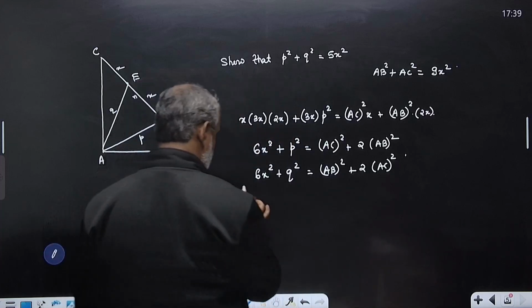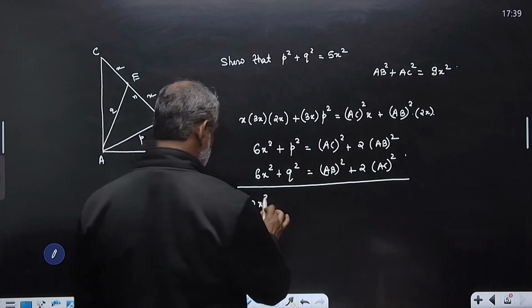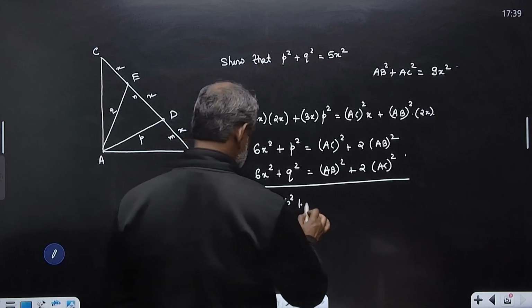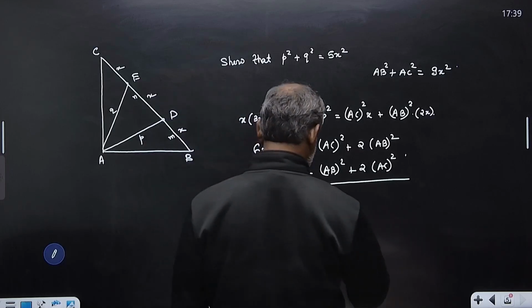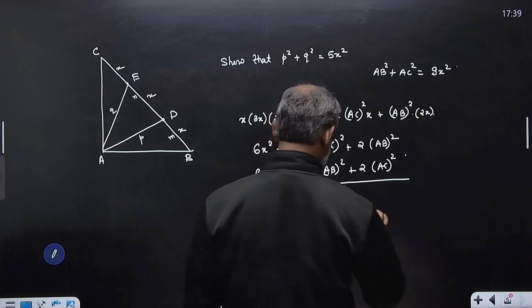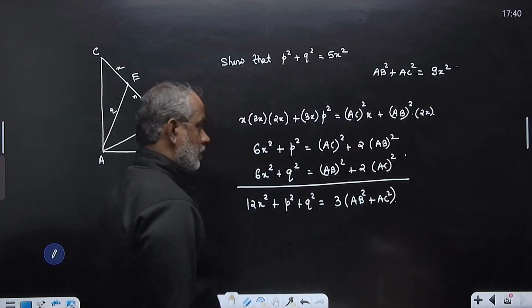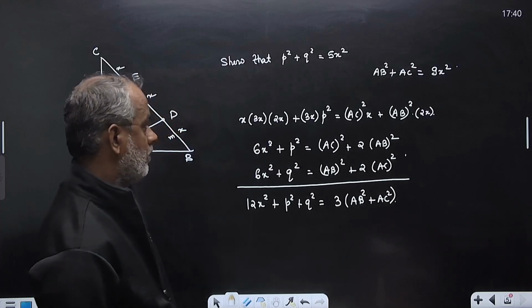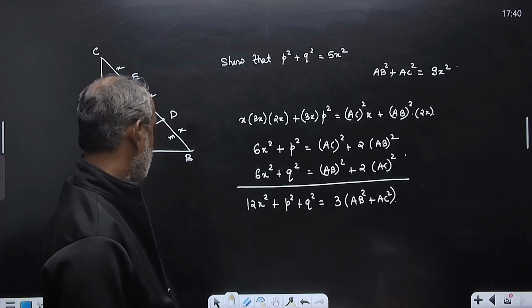If you simply add them, what you are going to get is 12x square plus p square plus q square is 3 AB square, 9x, 27.